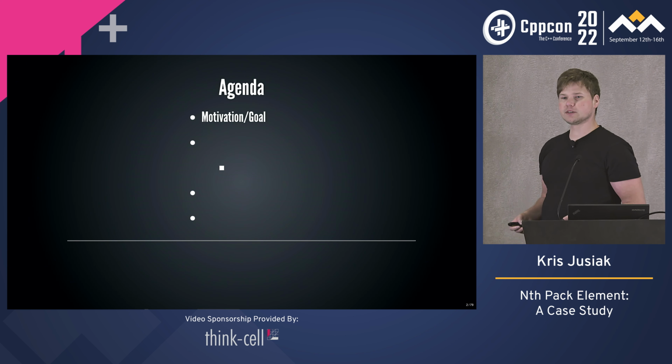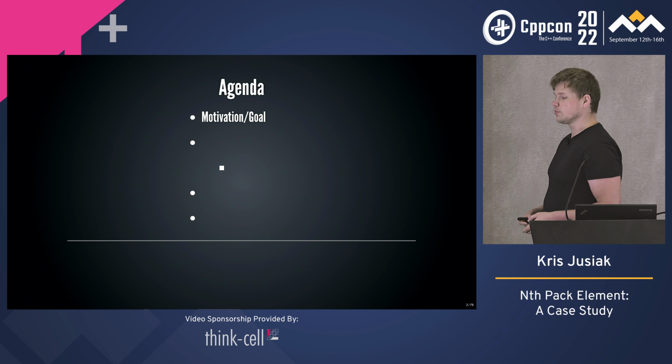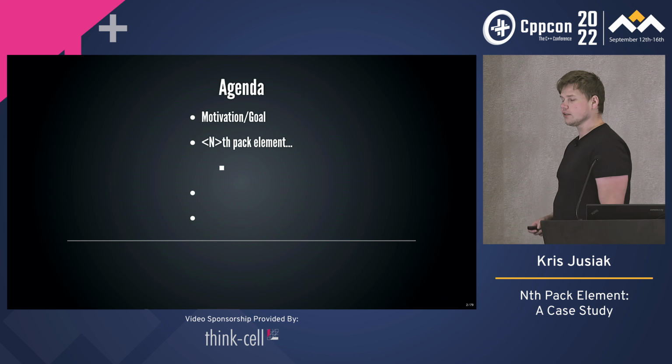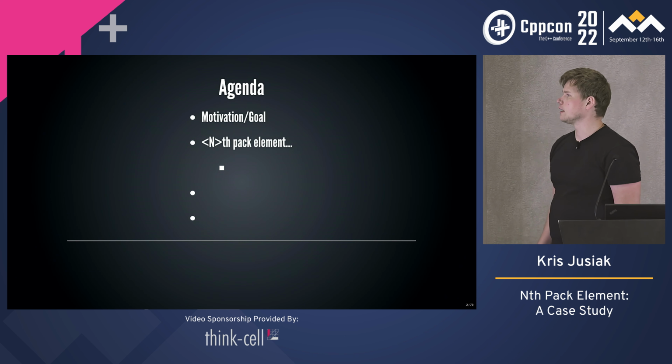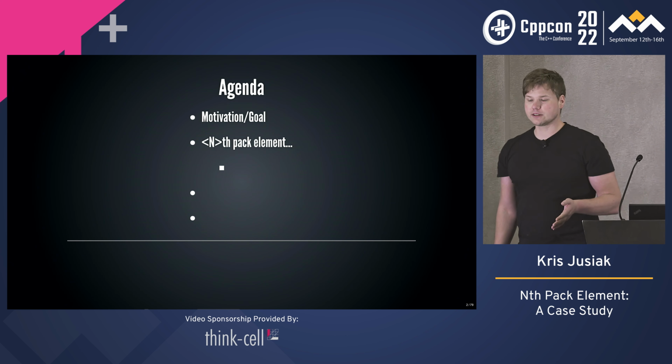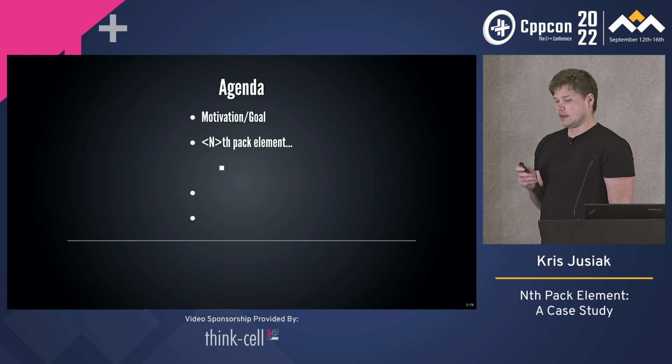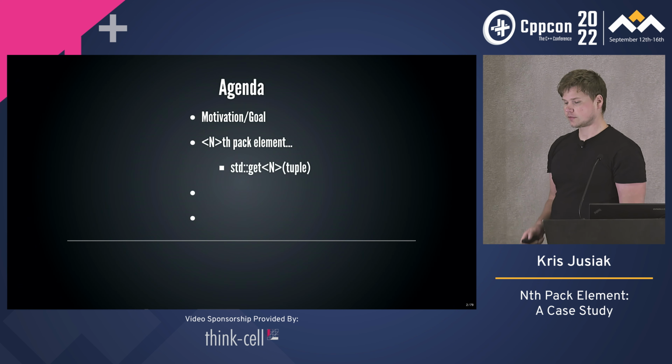So first, we'll talk about the motivation, why that's important, and why we would like to do that, what that gives us. We'll take a look into different solutions towards grabbing the nth element. There are a lot of ways to do that since C++11, since we get the variadic packs. Some of them are more compelling than the others, so we'll compare them.